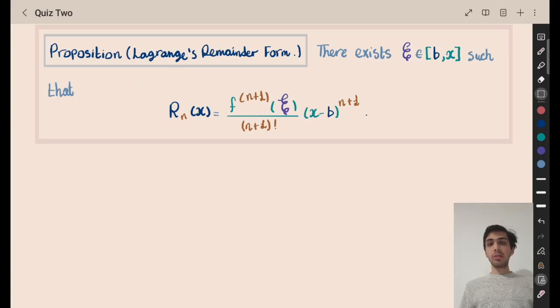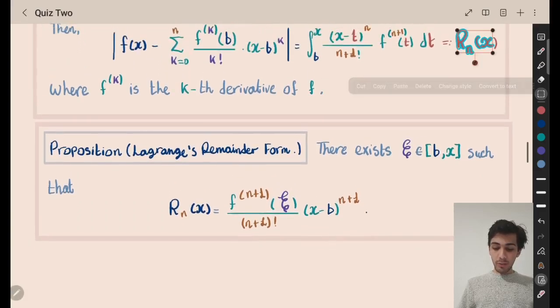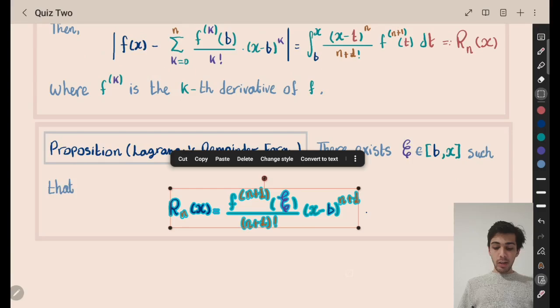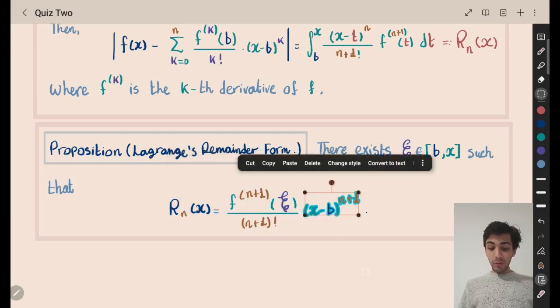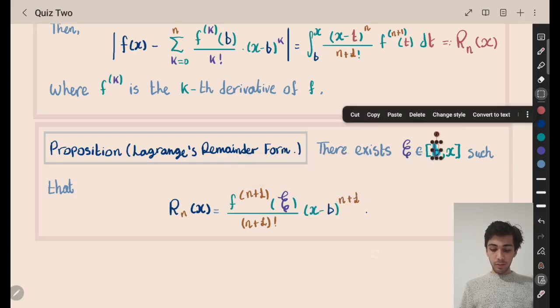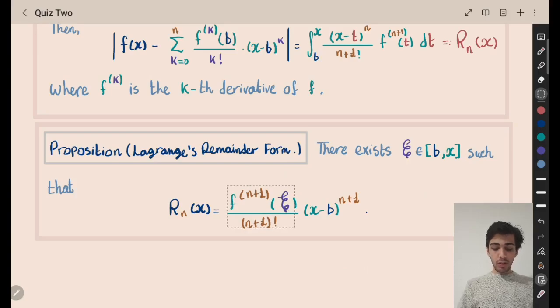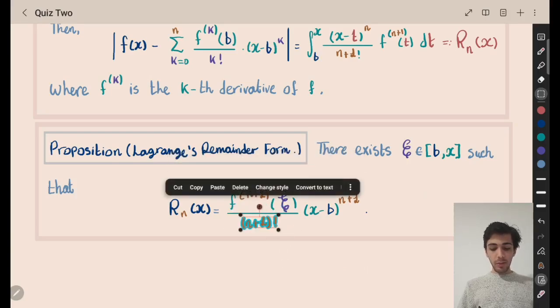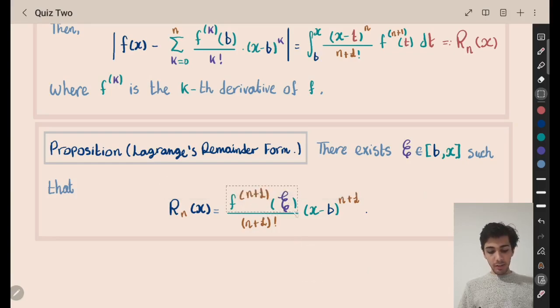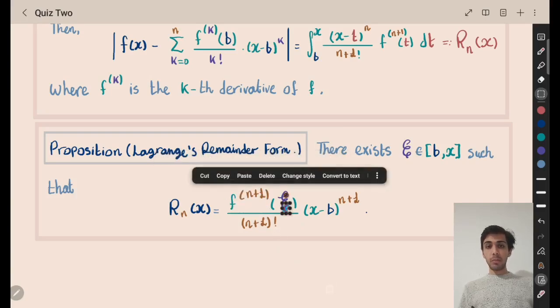There's something called Lagrange's remainder form for the remainder term. So this Rn of x we can describe as this n plus first polynomial centered at b, and its coefficient is, well, you divide by n plus 1 factorial, and here it is the n plus first derivative of f at some psi.